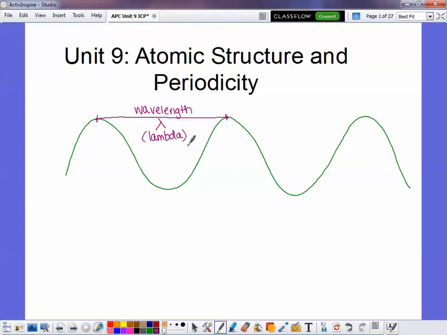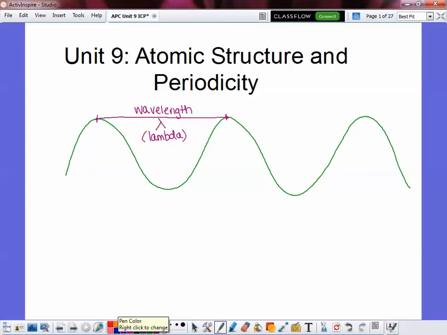What's the alphabet called? The Latin alphabet? I don't know. Anyway, I think they ran out of regular A, B, C, D to Z, and so then they started using Greek letters. All right, so that is wavelength.